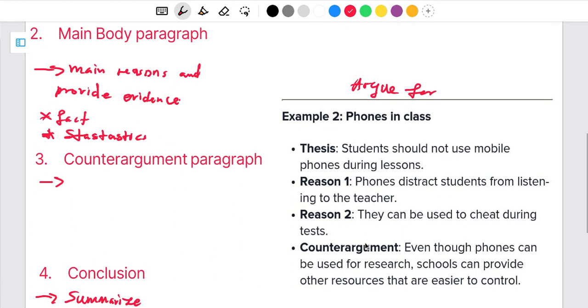Then apart from that one, they can be used to cheat during tests. Some use phones, they use AI to answer questions for them without using their head. So this is very bad, because you're not using your head. Even if you get 100%, you get 100% of something you don't know.